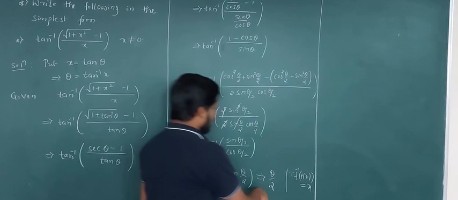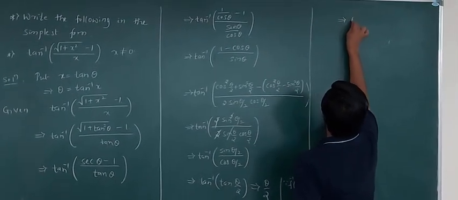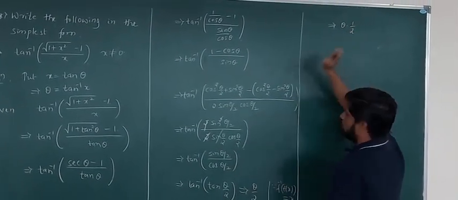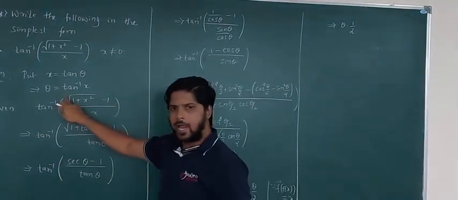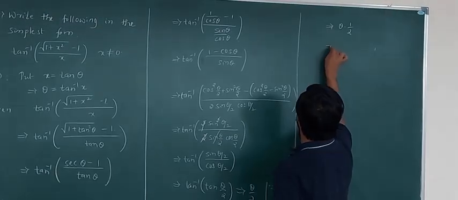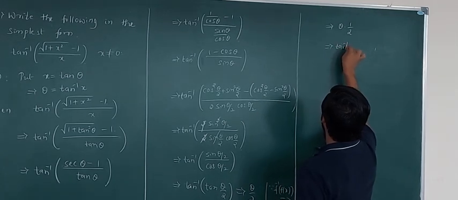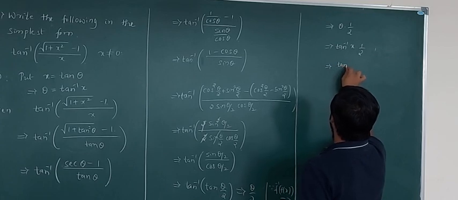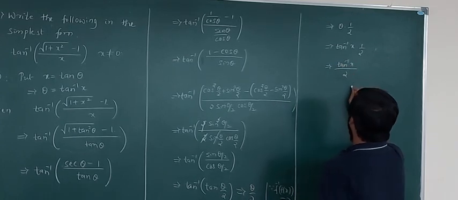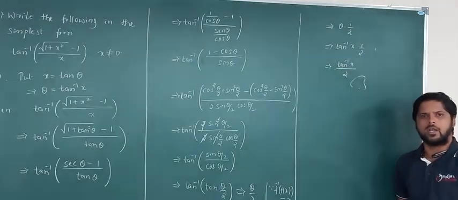So this theta by 2 is nothing but theta into 1 by 2, or 1 by 2 into theta. So what is theta here? Theta is tan inverse x. So therefore tan inverse x into 1 by 2, or tan inverse x whole divided by 2. This is our required solution.